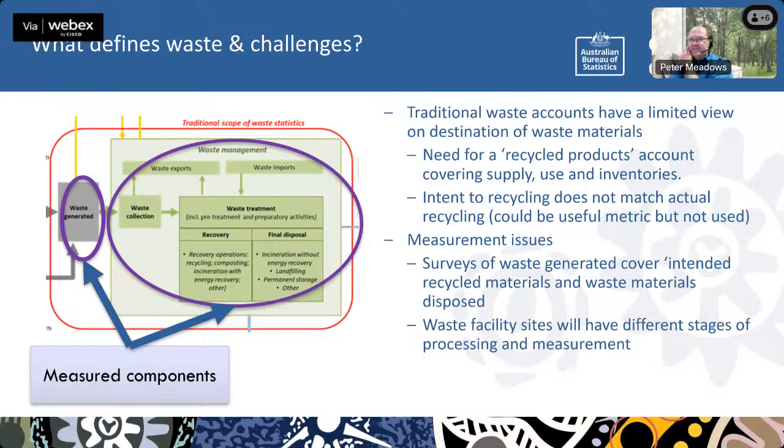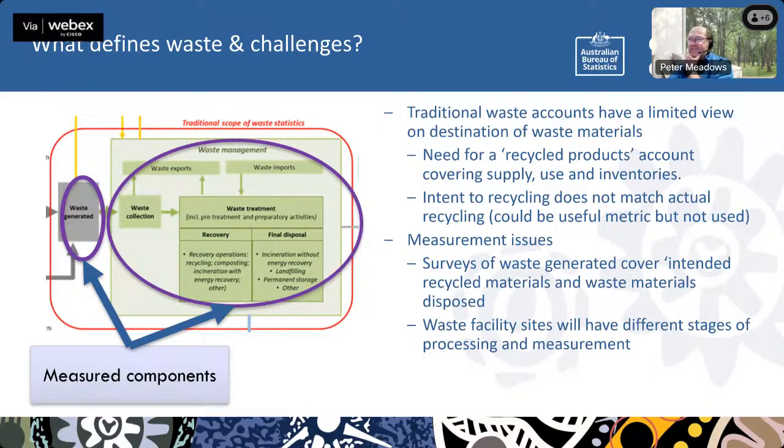One of the key factors here is really around the measured components. When's the best time to actually measure waste? Is it at the stage of generation, or is it at some stages through waste treatment and processing? And I've borrowed this slide from some of the work from UNECE. So if I take the example of a car, it might be sent to a waste management firm, and you could measure it as a car.